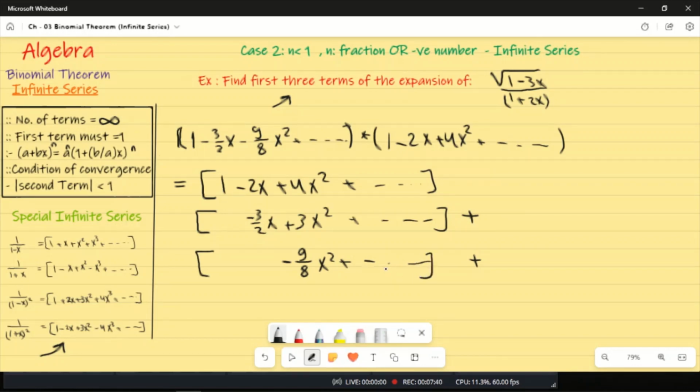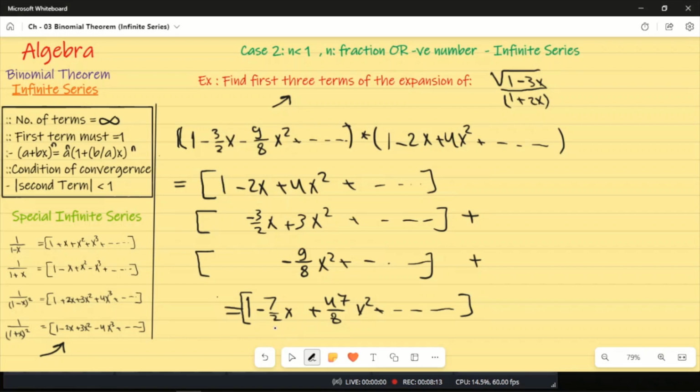So here we have the final result is 1 minus 7 by 2 x plus 47 by 8 x squared plus. So here is our expansion and the first three terms in this expansion.